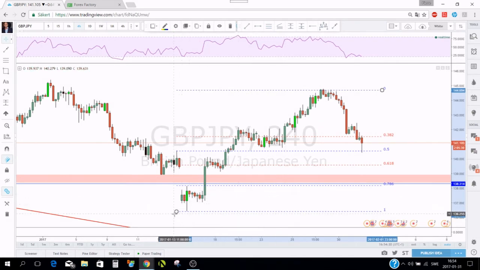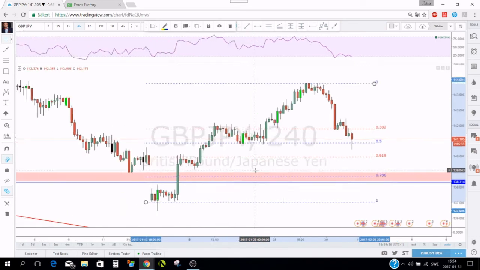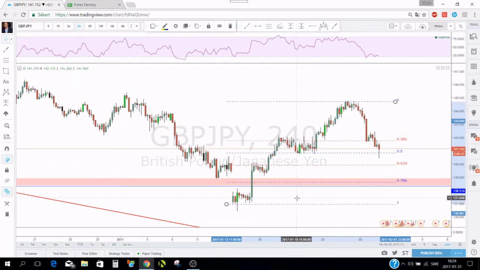This low here, maybe this spin bar was in use, so we maybe can take the swing from those lows here and see what we have here.